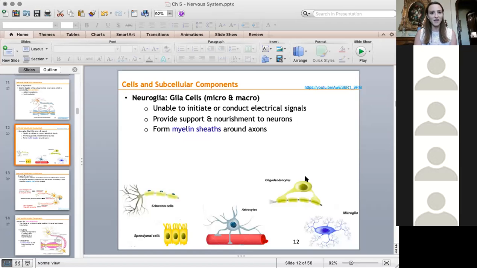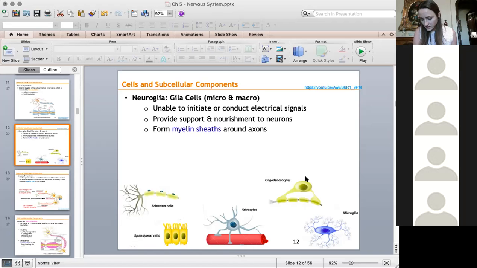Just know that they don't conduct electrical signals and aren't part of the communication process. They provide support and nourishment to the neurons, and most importantly, they form the myelin sheath for the motor neuron, the axon of that neuron. That's what you have to know about neuroglia.